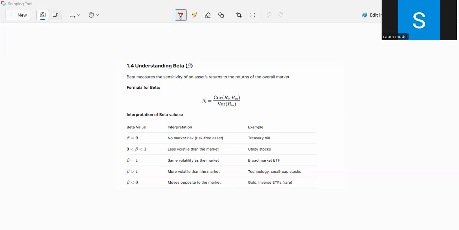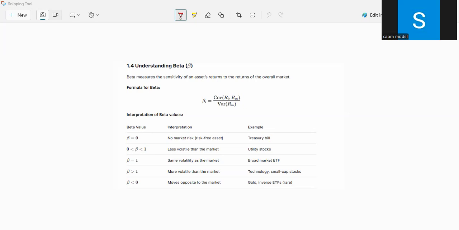Examples are utility companies. When beta is equal to 1, it has average risk. It moves exactly like the market, like the market index funds. If it's greater than 1, it means that you have high risk, so it's more volatile than the market. Examples, we can look at what? Technological companies, okay? Small cap stocks. If it's less than 0 or negative, it means you move opposite to the market.